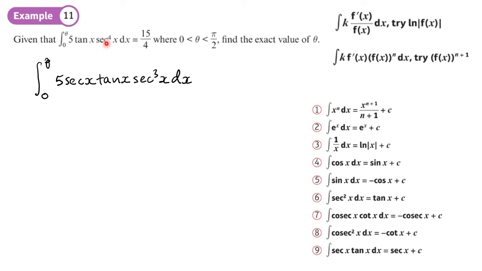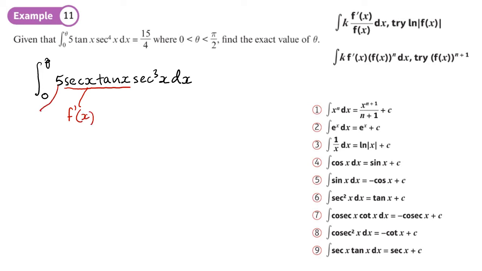I've taken one of the sec x's from the power 4 and I've written it here because sec differentiated is sec tan. So let's put this in. This bit is your f of x. I suppose the 5 is like the k. So let's make that clear. So basically this bit here is like your f dash of x.